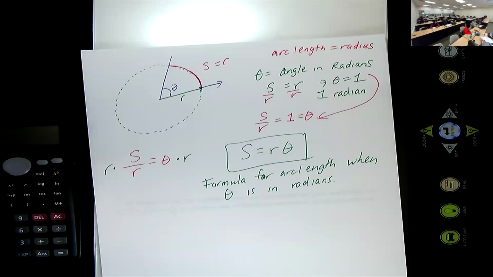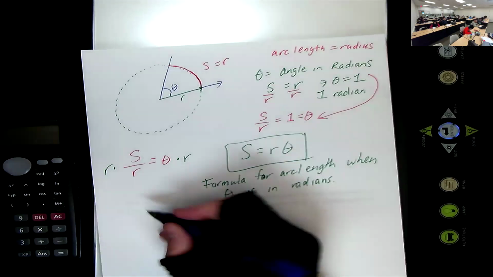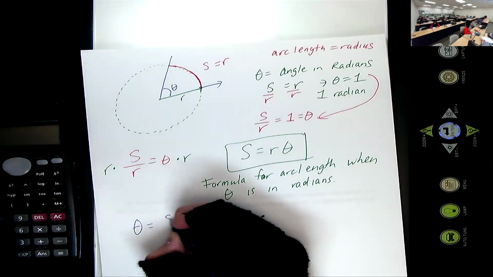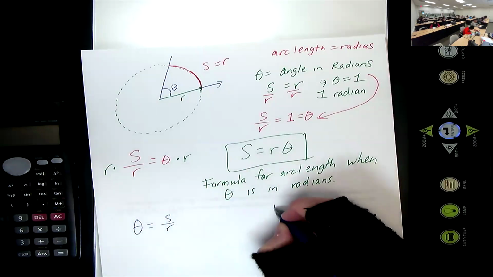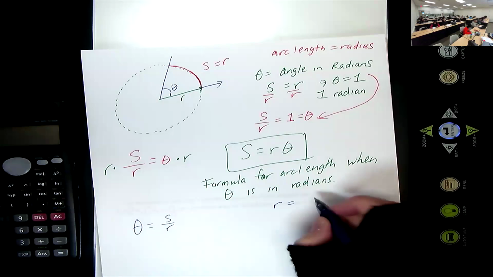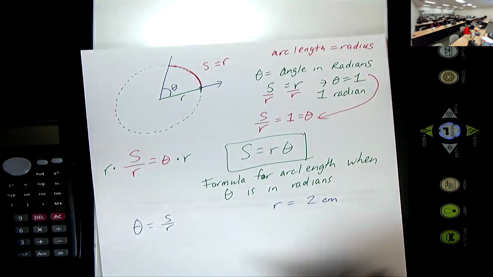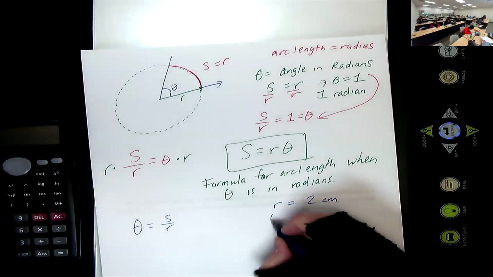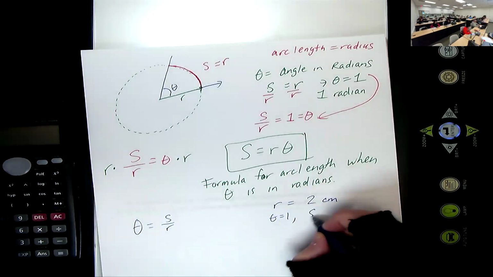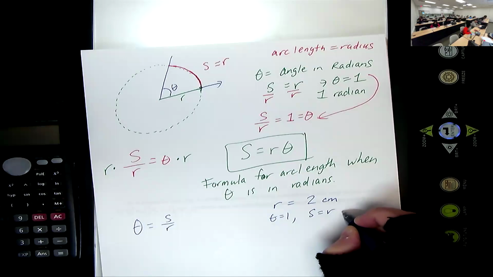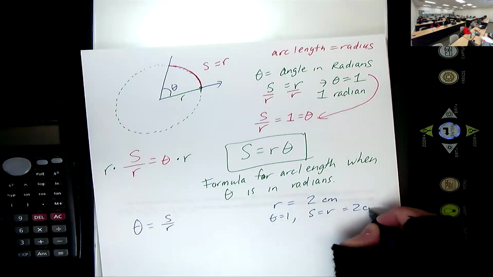Something else kind of interesting about the radians. Theta equals S over R. Let's say R was 2 centimeters. And for 1 radian, when theta equals 1, S equals R. So S equals 2 centimeters also.